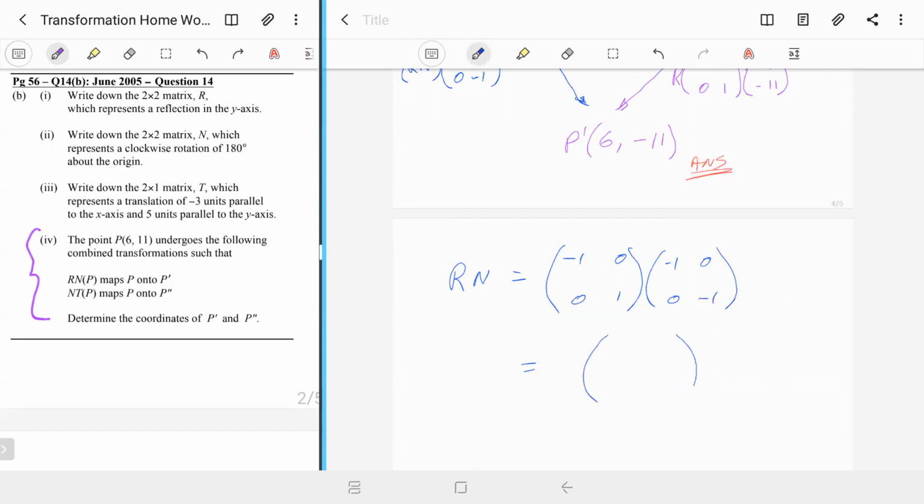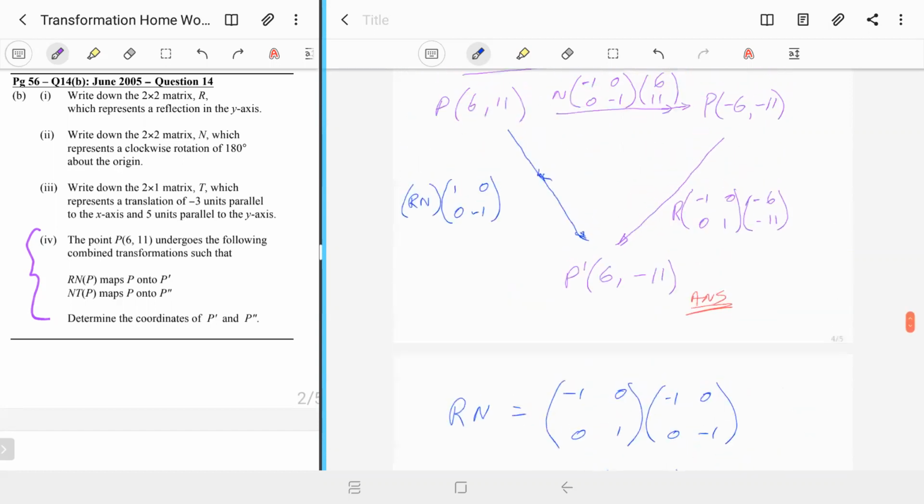When I multiply these two: negative 1 times negative 1 is 1. 1 times 0 is 0, so this is going to be 0. See it now? 1 times negative 1 is negative 1. This is the x-axis reflection. It has to be. So everything ties up: the calculation and the must-know are telling me the same thing.